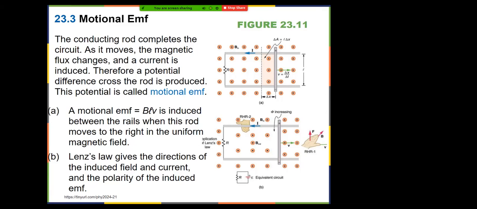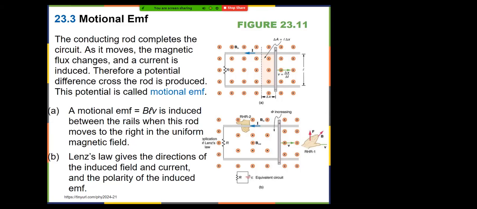We call it motional EMF because there is motion of this rod. If your rod is moving and completes a circuit, a circle with other elements, then the area is changing.